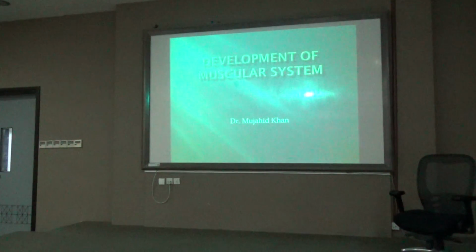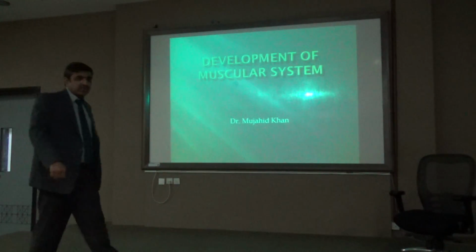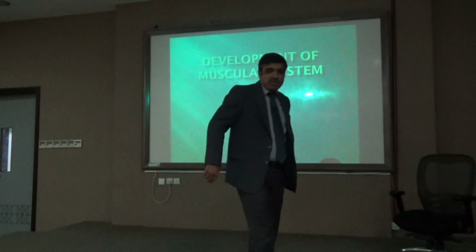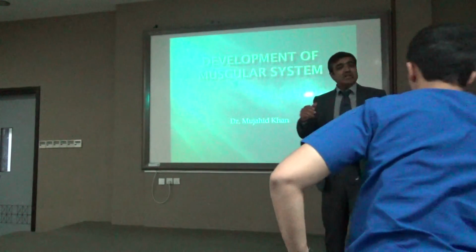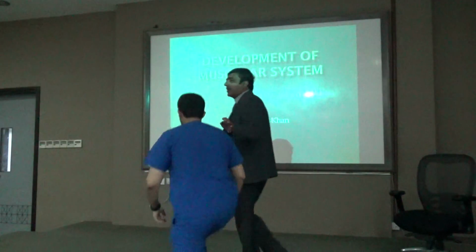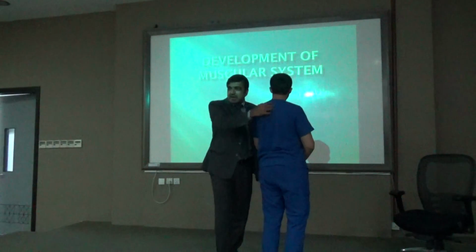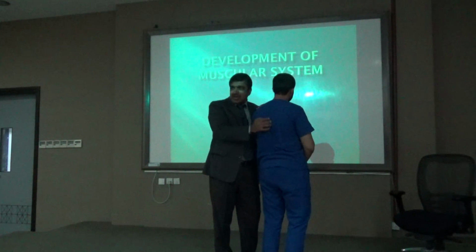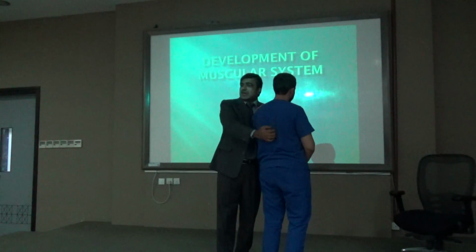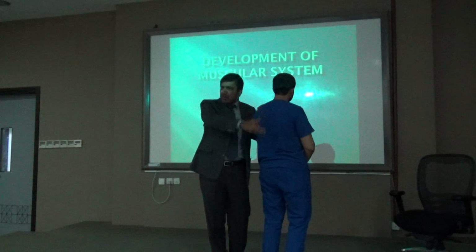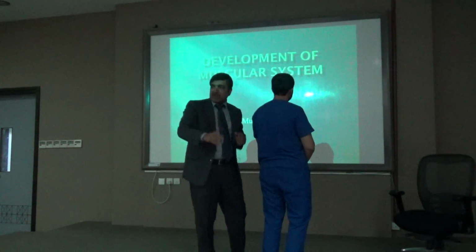As I said, muscles originate from, can I have you with me? My hands are not going back actually, so that you will understand properly. Nerves are here, right? Spinal cord is here, right? And this spinal cord, from the cervical region until the lumbar region, is distributing the nerves.